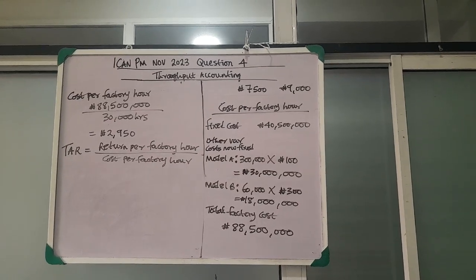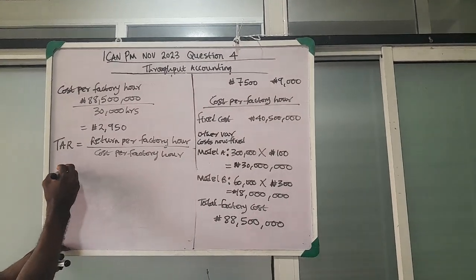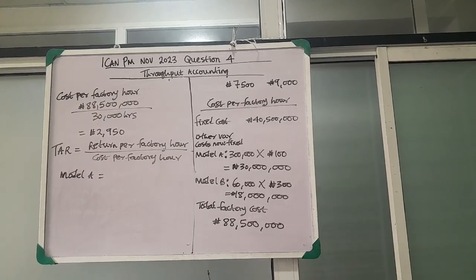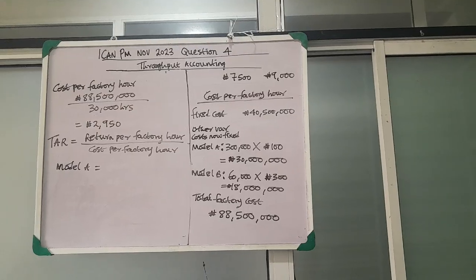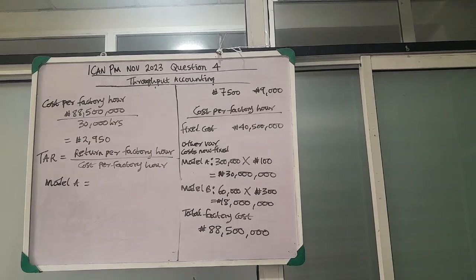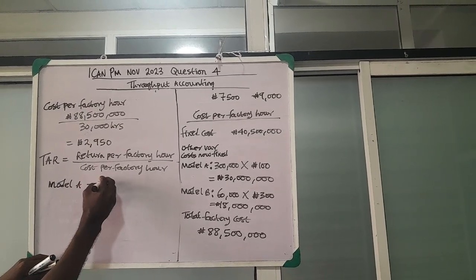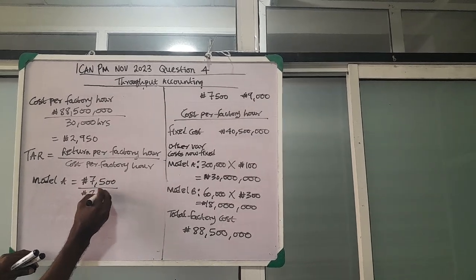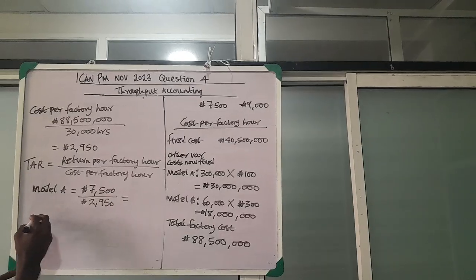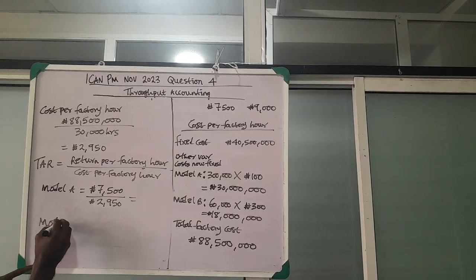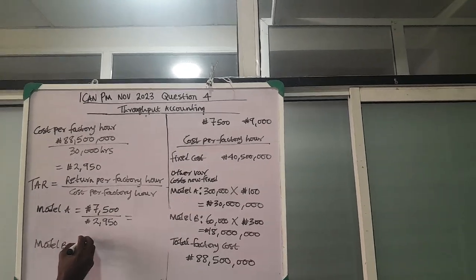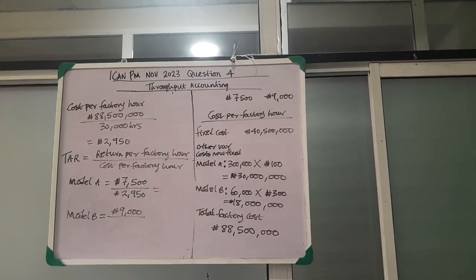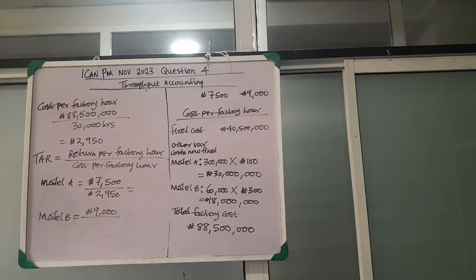So we'll compute for model A. The return per factory hour of model A, as we have computed, is 7,500, divided by the cost per factory hour, which is 2,950. Then I will do that also for model B. Model B, I have 9,000 as computed divided by 2,950.